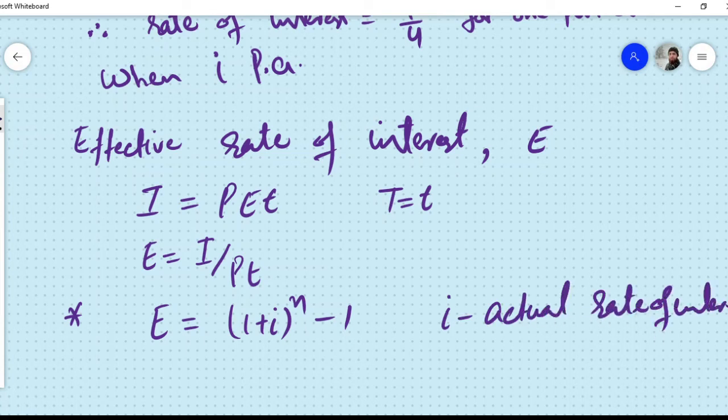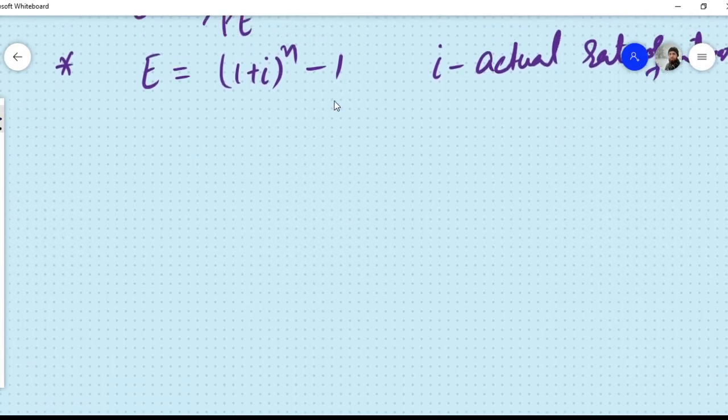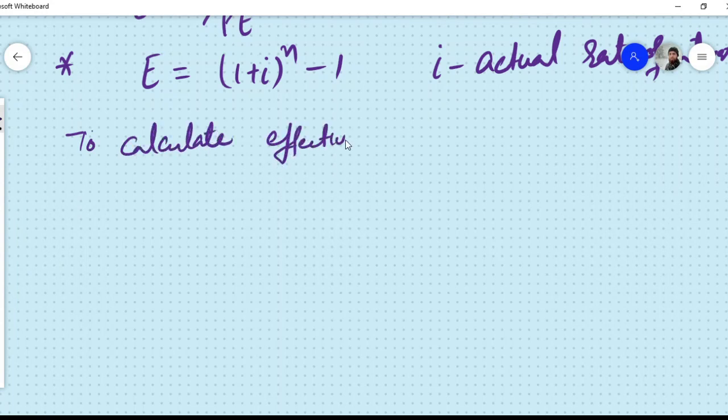Now we have to remember this formula, which is important. E is equal to 1 plus i power n minus 1, and here i is the actual rate of interest and E is the effective rate of interest, and this is the formula which we will use to find out the effective rate of interest throughout this chapter.